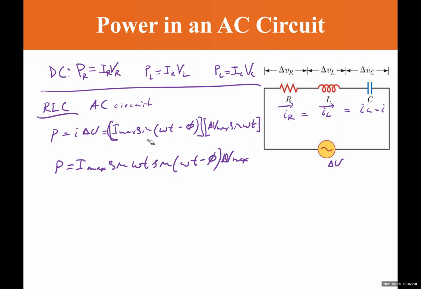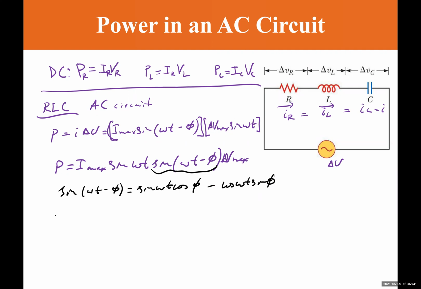So what we do here is we take sine omega t minus phi, and we can rewrite this using one of the trig identities. So sine omega t minus phi is equal to sine omega t cosine phi minus cosine omega t sine phi.